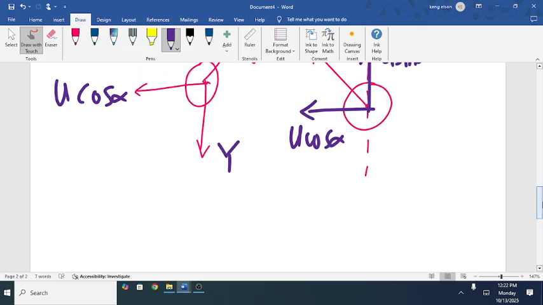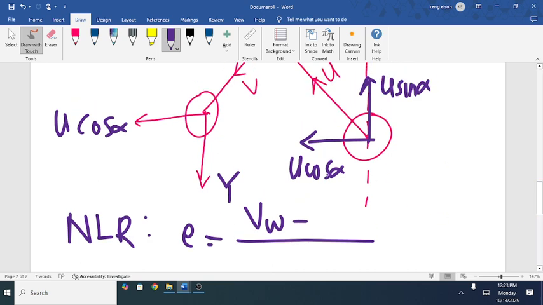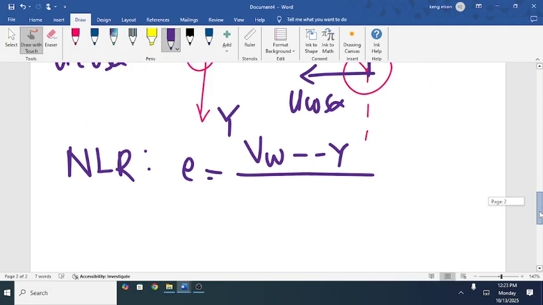Newton's law of restitution says that e is equal to velocity of separation, which if I do v wall minus, now what is the final velocity of the sphere along the line of centers after impact? The line of centers is vertical, so after impact the final velocity that is vertical is y, but it is moving downward, so minus y, divided by the difference of the initial velocities.